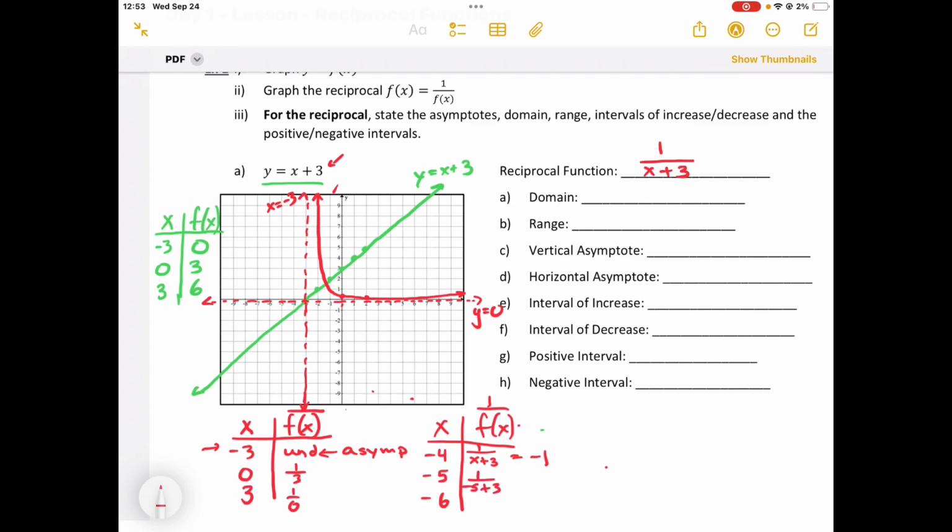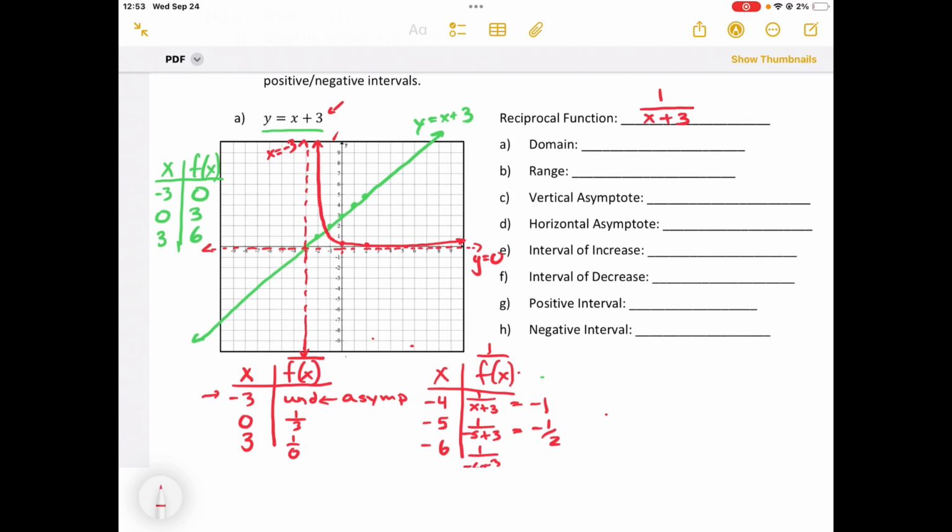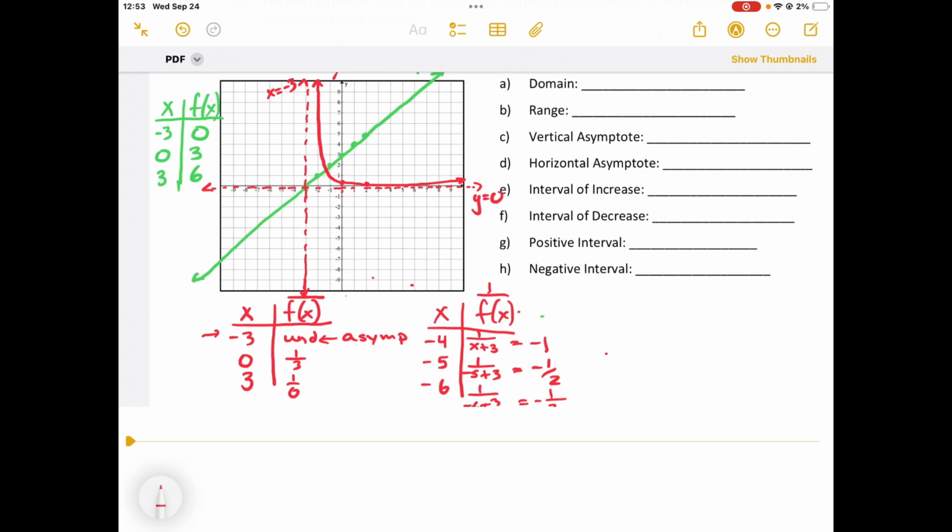Okay, so I'm just substituting into where the x is going to give me minus a half. And then I'm going to get my last one here, 1 over minus 6 plus 3 is going to be minus 1 over 3.